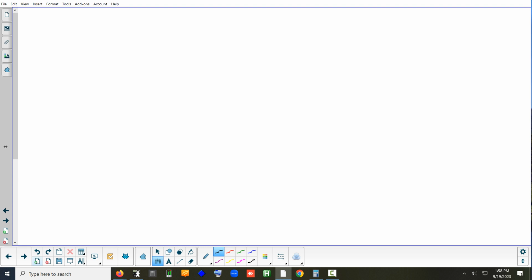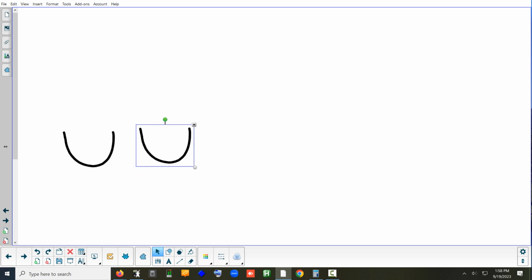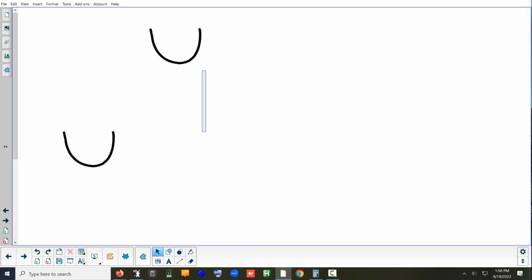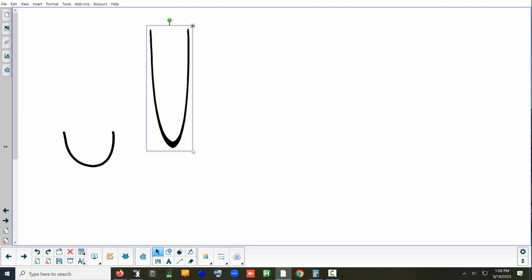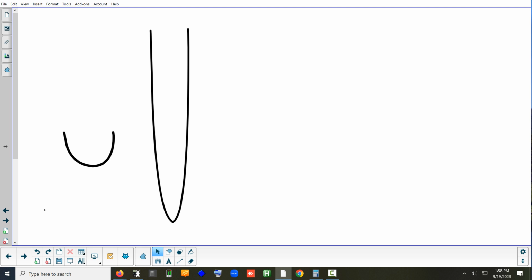Think about it like this: here's a parabola. If I take that parabola and stretch it vertically, like this, it makes it narrower and taller.